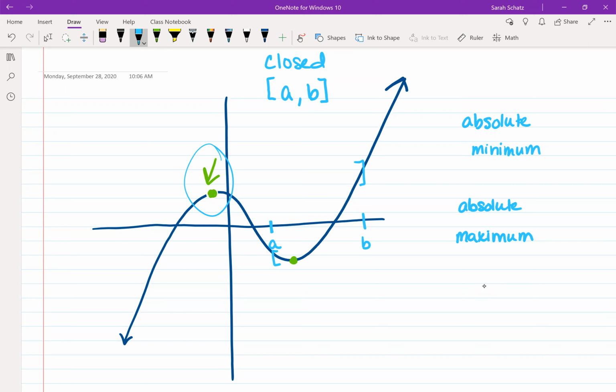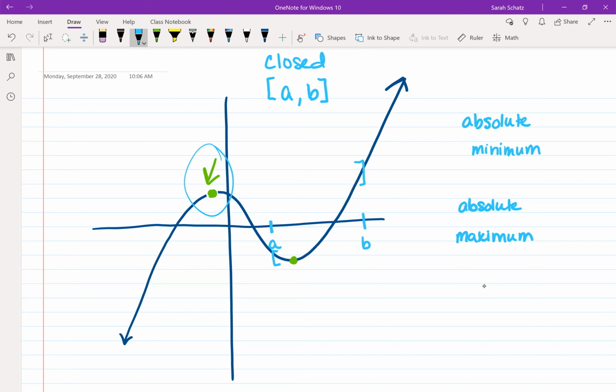But you wouldn't say that they were an absolute max or min. This value, while it is a max, is relative to an area around it. It's a local maximum or a relative maximum. It's not the highest point on the function, because this arrow tells me that this goes up forever.